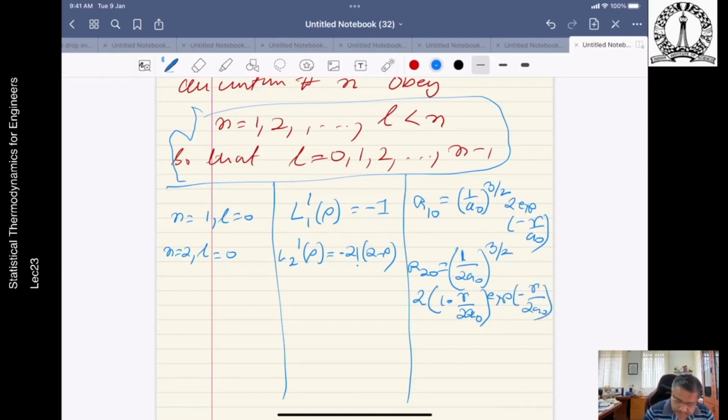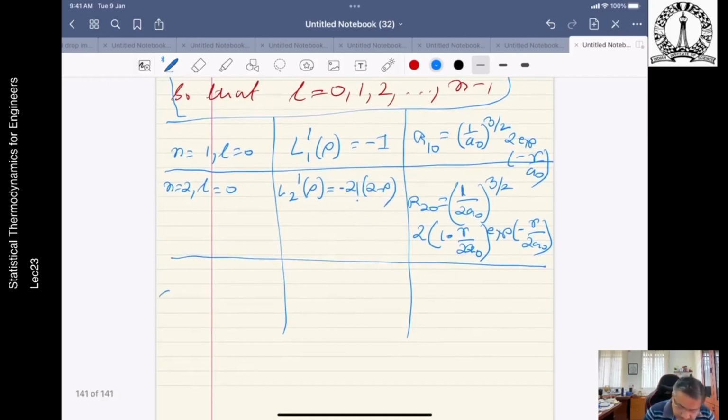So this is the first one, this is the second one. Similarly, I'm just writing one more: n equal to 2, L equal to 1.